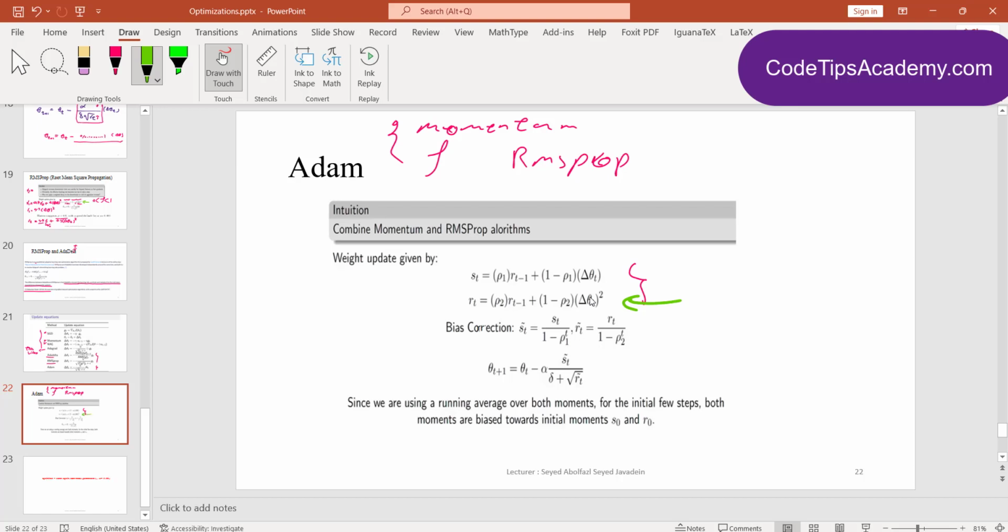And this is the formula from momentum, and we want to use all of these formulas to create the Adam concept.